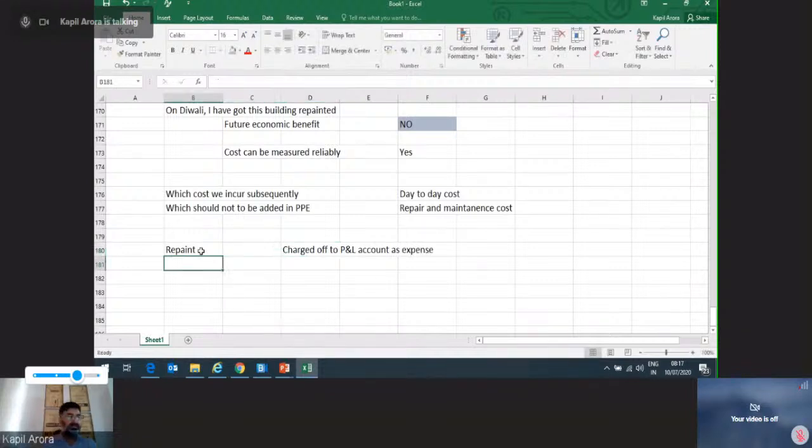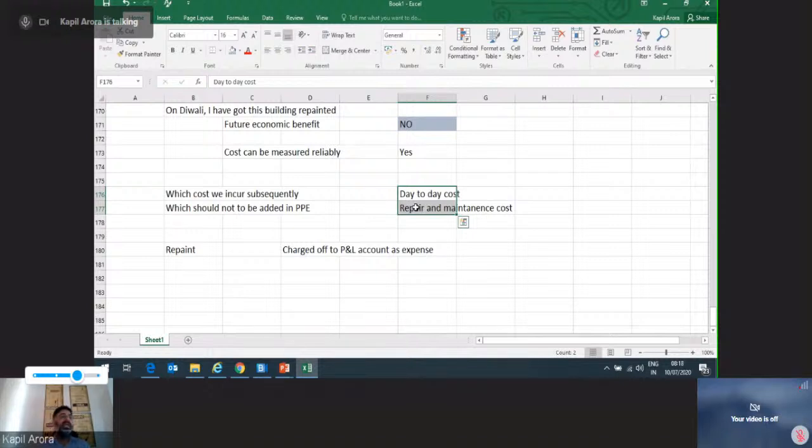Is that okay with all? So as per the guidance, all costs which are day-to-day in nature or regular maintenance in nature will be charged off to P&L.